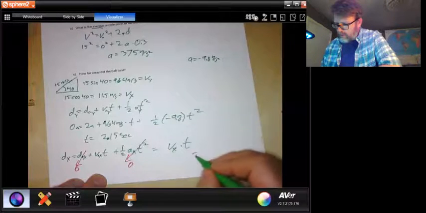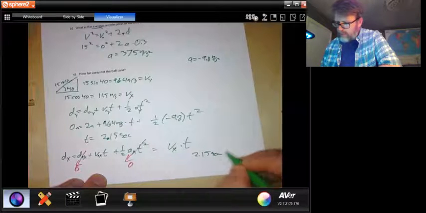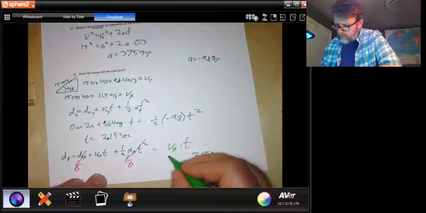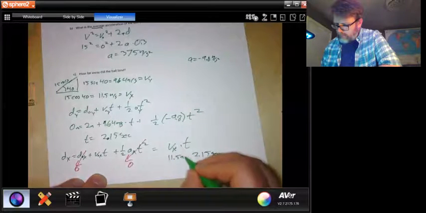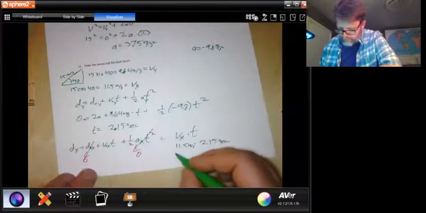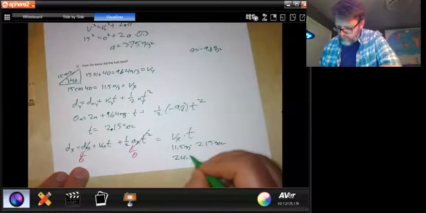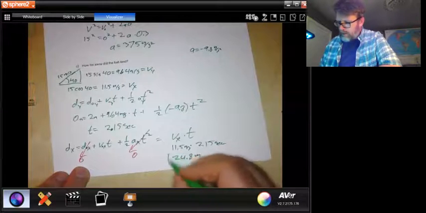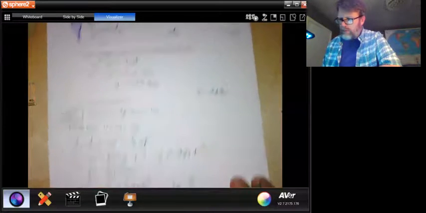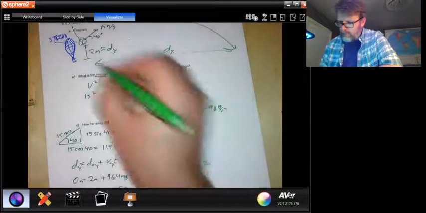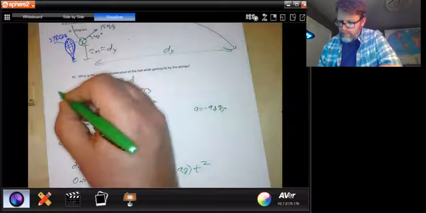We know time is 2.15 seconds. We know velocity in the x was 11.5. And so that should give us 24.8 meters.